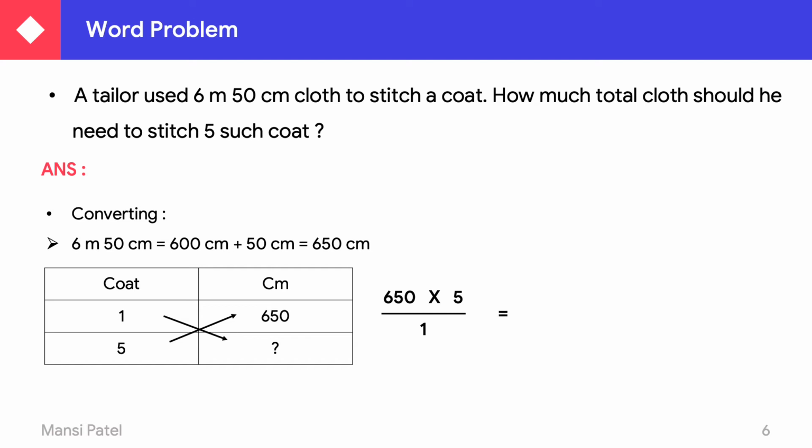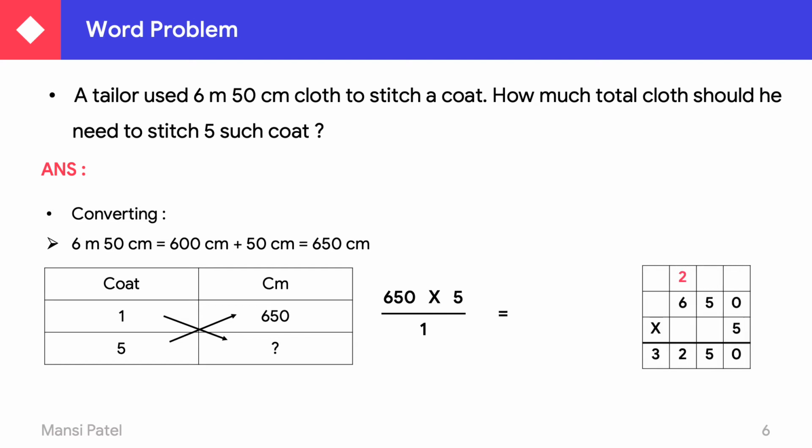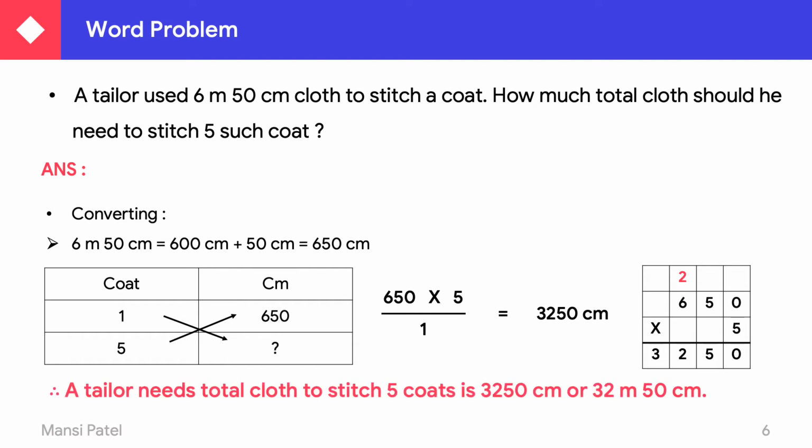So do the multiplication of 650 multiplied by 5, it becomes 3250 centimeter. So we can say that a tailor needs total cloth to stitch 5 coats is 3250 centimeter, or we can say 32 meter and 50 centimeter.